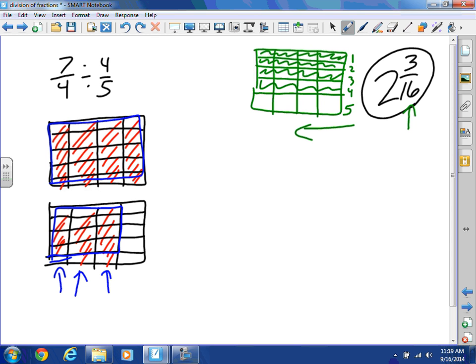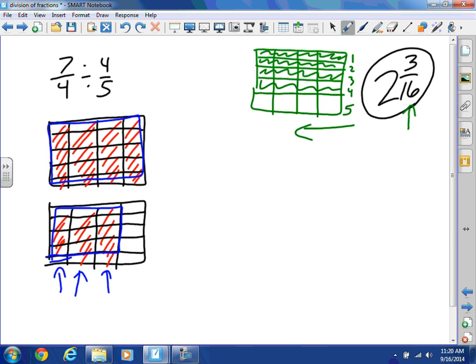I will review the steps I did. I took 1 and I split it into 4ths because this is 4ths, right? And I know I needed to color in 7 of them. And since this was 4ths, I could only color in 4. So I needed 5, 6, 7. Now, because this is 4/5, I took this side and I split it into 5ths. And since I had an extra one, I had to split it into 5ths.